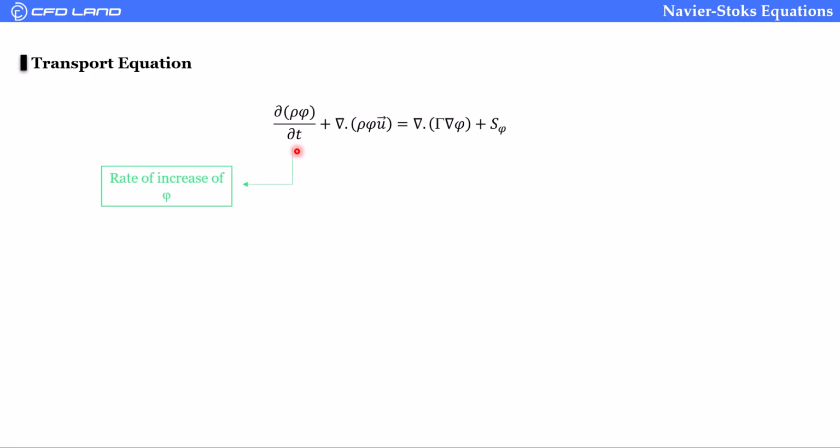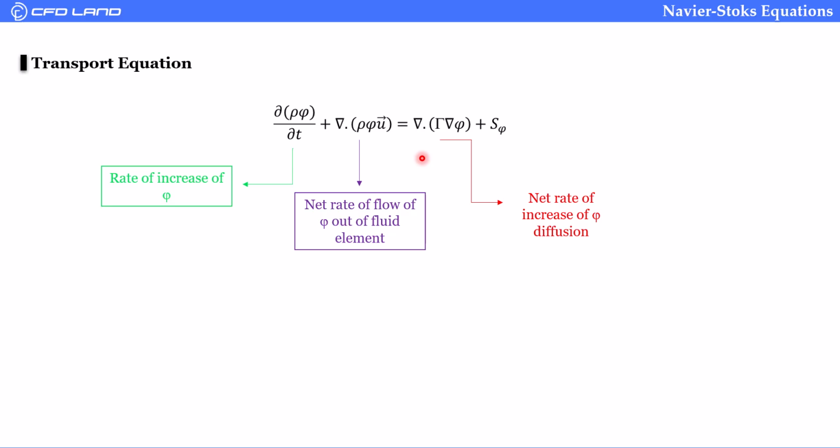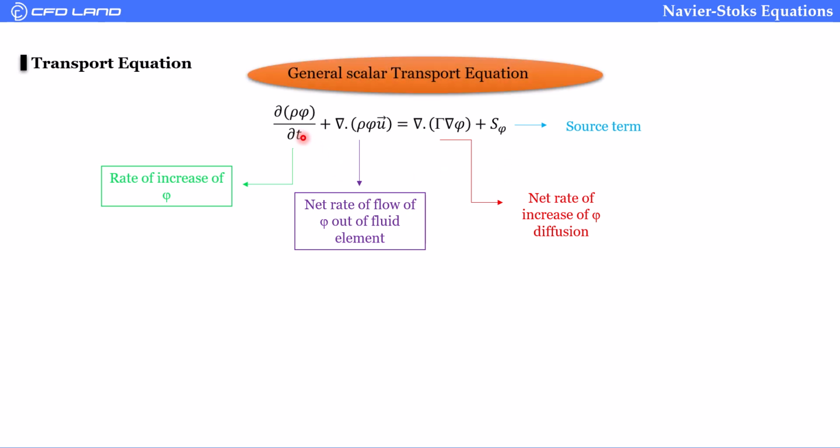So the first term is the rate of increase of phi. The second one is the net rate of flow of phi out of fluid element. And on the right-hand side, we have the diffusion term, net rate of increase of phi, and source term. So now if phi is equal to 1, we have conservation of mass.